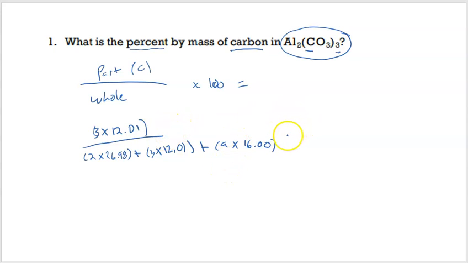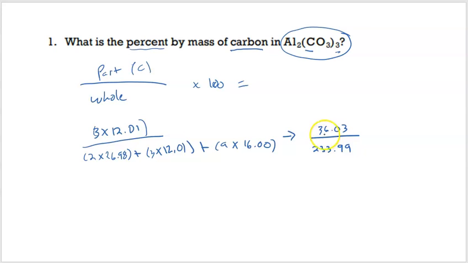All right, and so we can simplify that expression down to be 36.03 over 233.99 is what I got there.